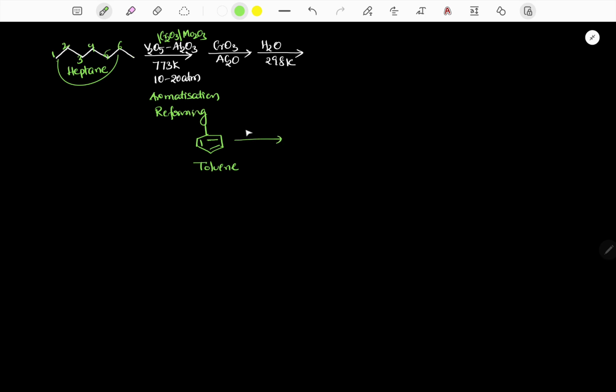Now it is treated with CrO3 and acetic anhydride. Here the benzylic carbon is replaced with the corresponding ester group, and this ester group is coming from acetic anhydride.